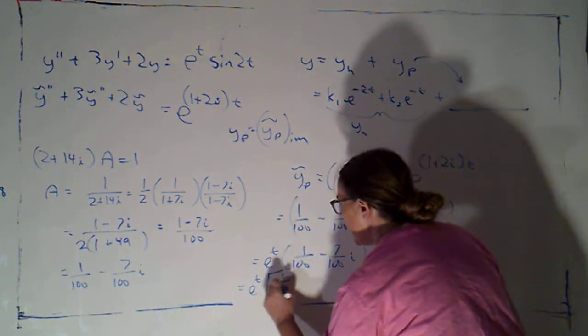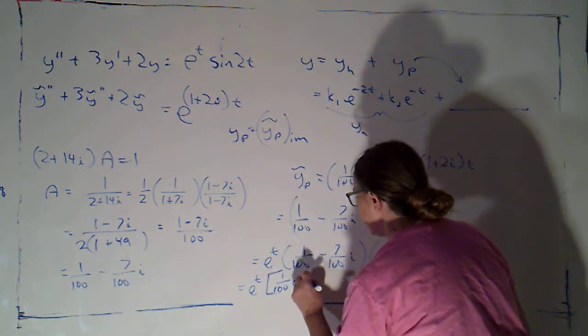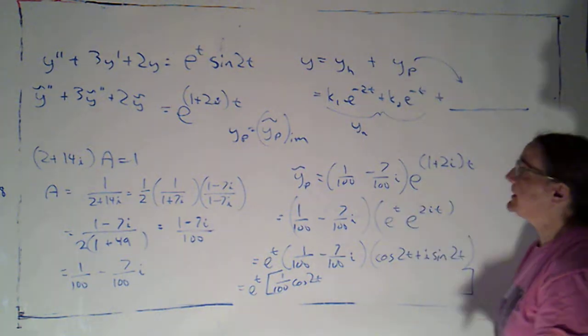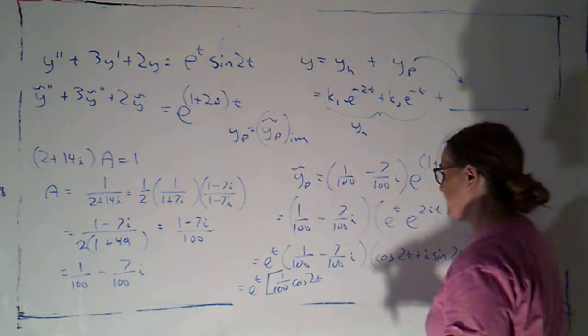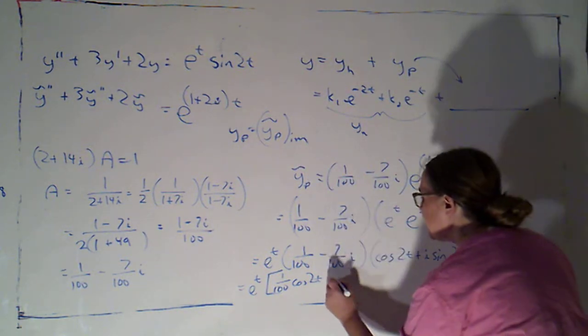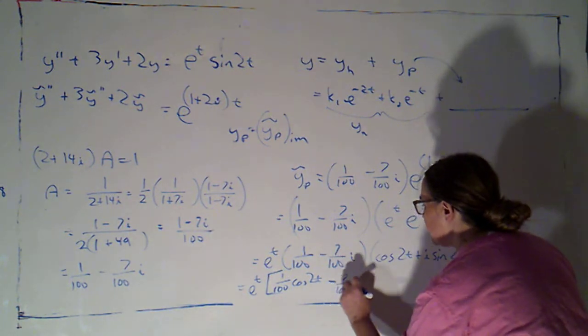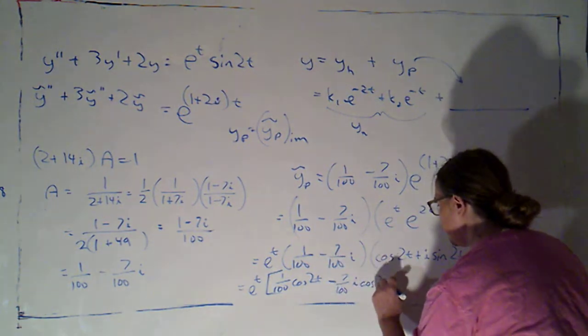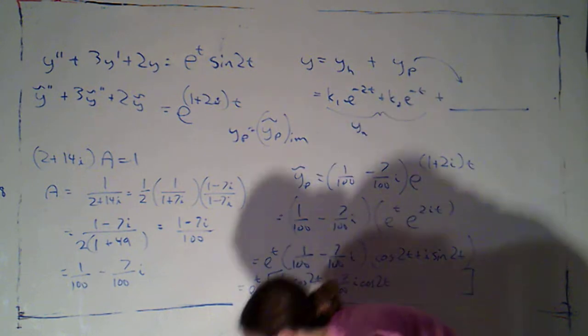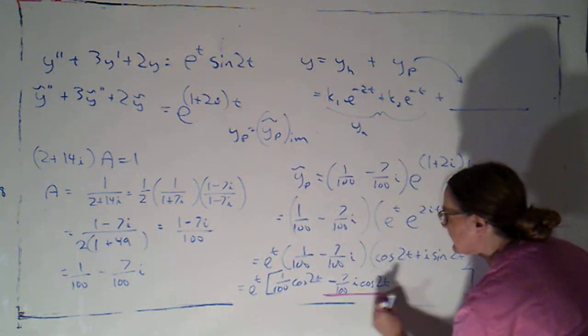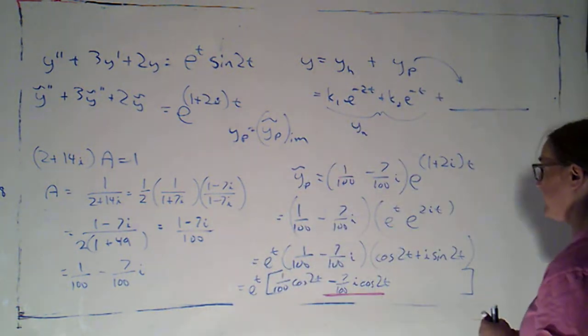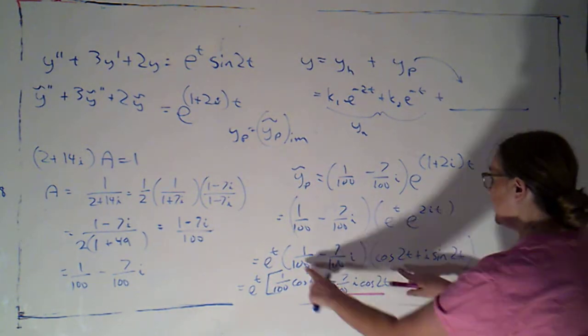So I'm going to get 1 over 100 times cosine of 2t. Don't really care because I'm looking for the imaginary stuff. Okay. Minus 7 over 100i times cosine of 2t. That piece I definitely like because that's contributing to the imaginary part of this. Okay. Let's see.